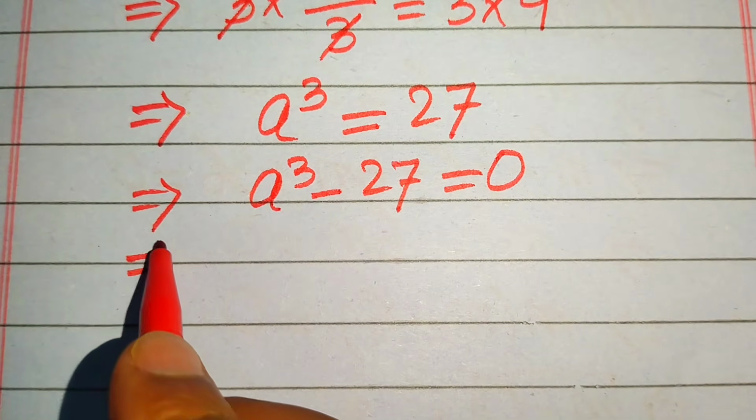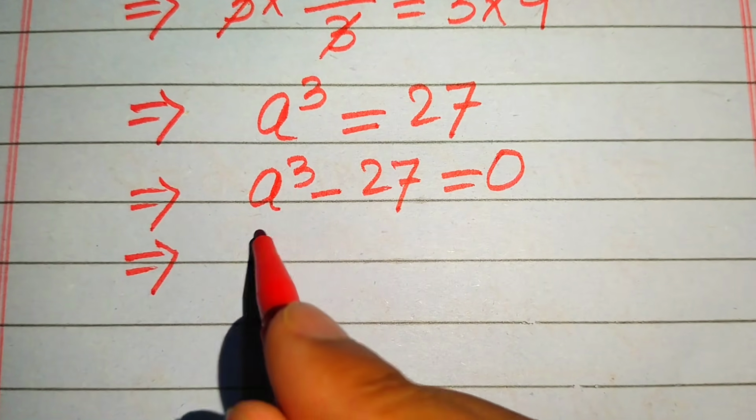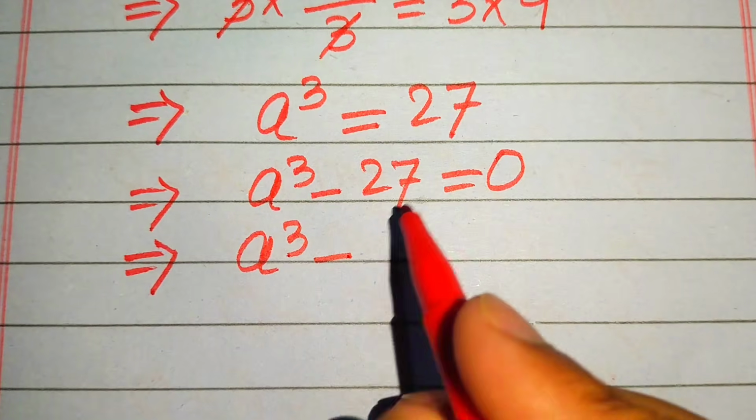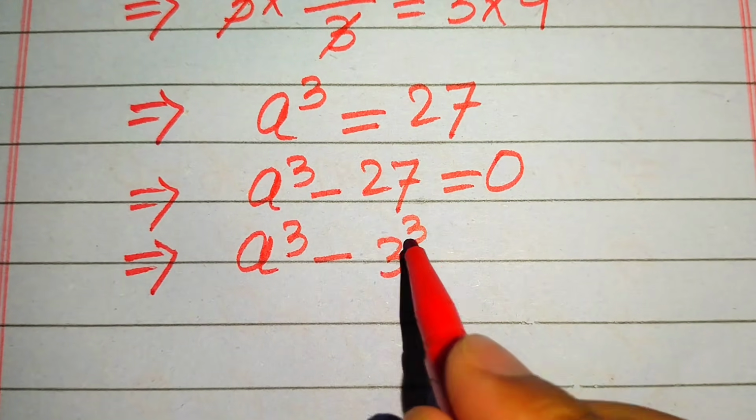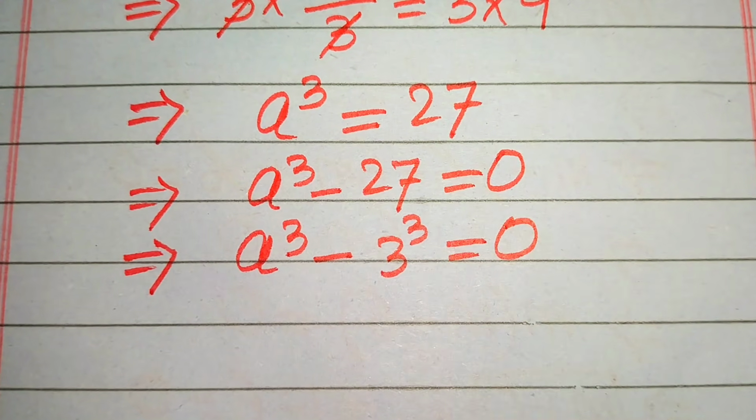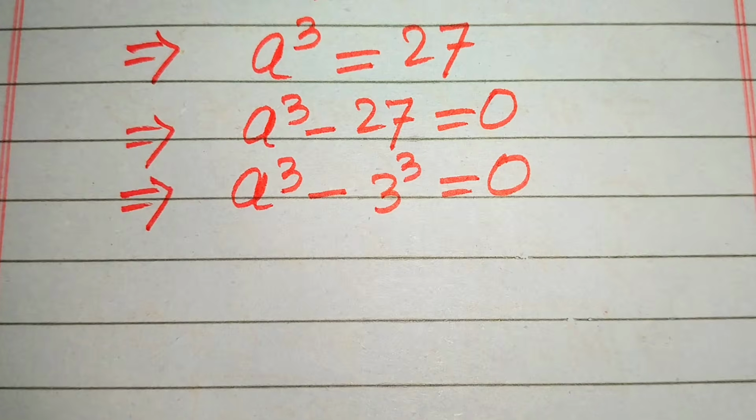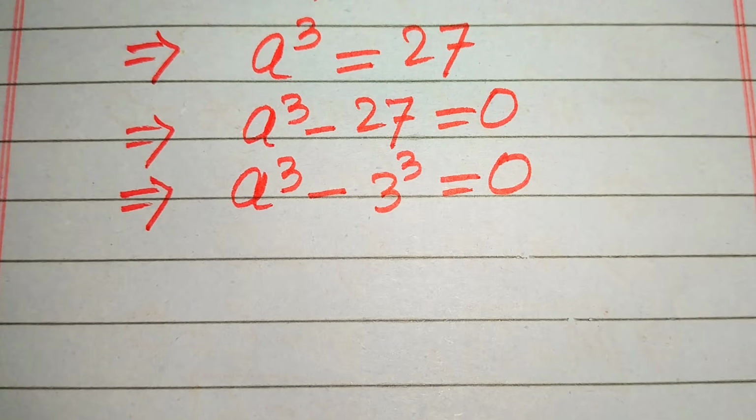Now we find the prime factors of 27, and we know that 27 is 3 cubed, and this whole equation is equal to 0. Further, in the next step, we use the nice cubic formula.